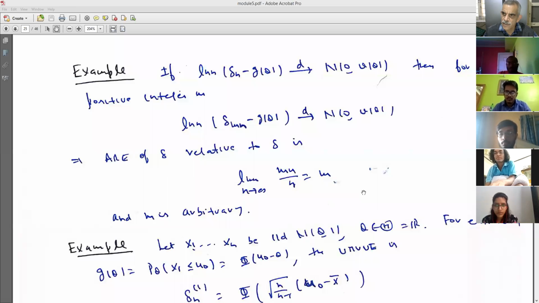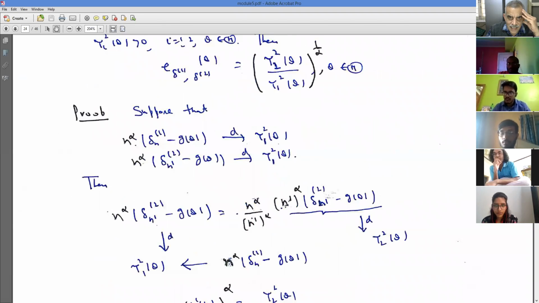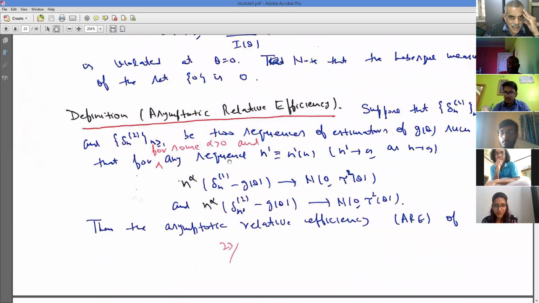No, what I am saying is, whatever may be, my estimator is delta. So what is the definition of relative efficiency? Suppose that delta n1 and delta n2 are two sequences of estimators such that for some alpha, n to the power alpha, n to the power alpha, I make it the same, then these may vary.